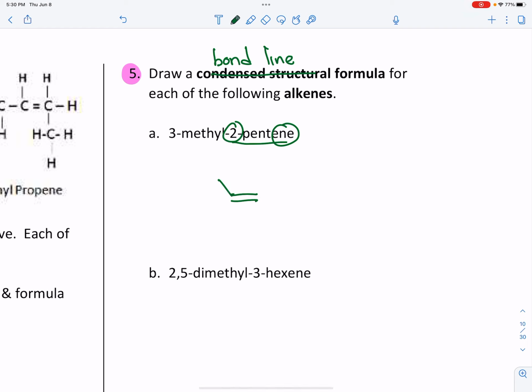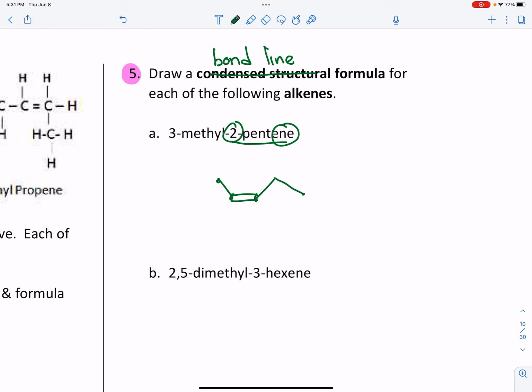So if I put this, there's carbon 1, carbon 2, carbon 3. I need 2 more carbons. So I'll do this and I'll do this. There's 5 carbons in a row, and the second bond is the double bond. So that's 2-pentene. Carbon 3 has a methyl branch.